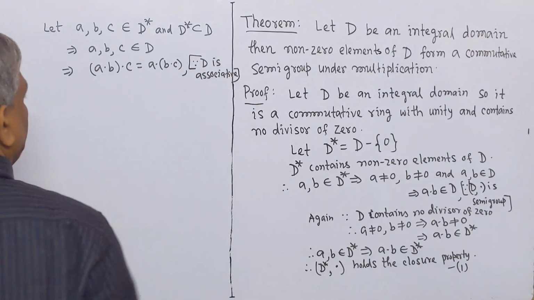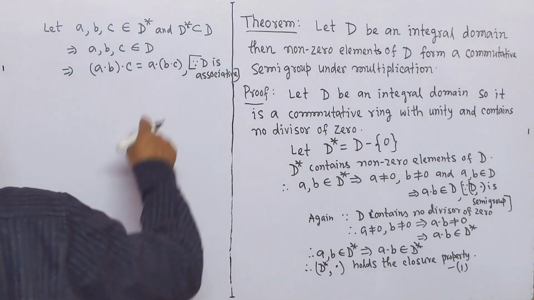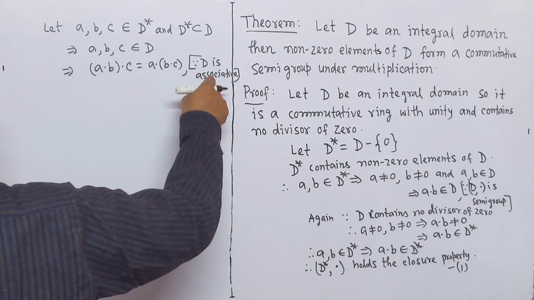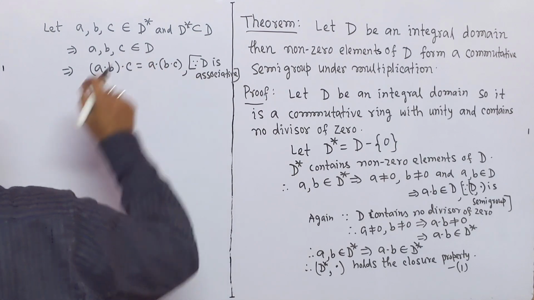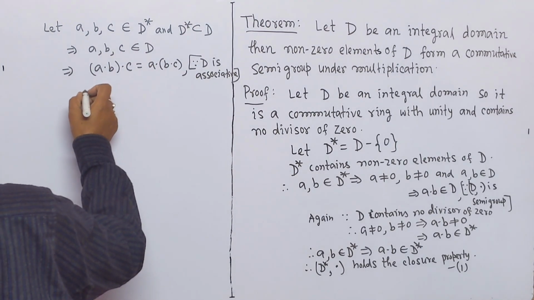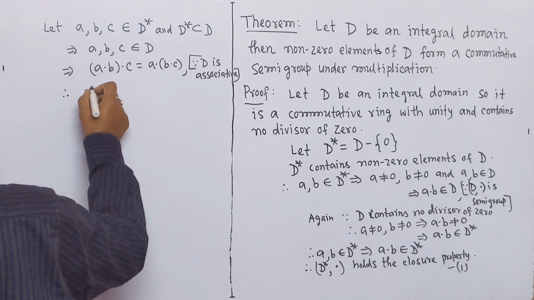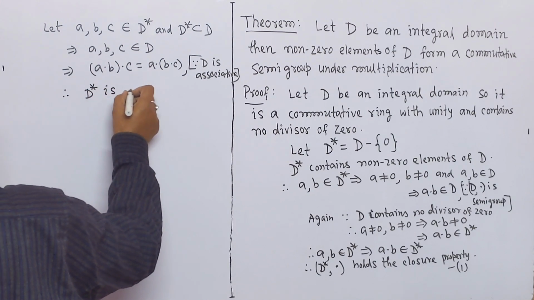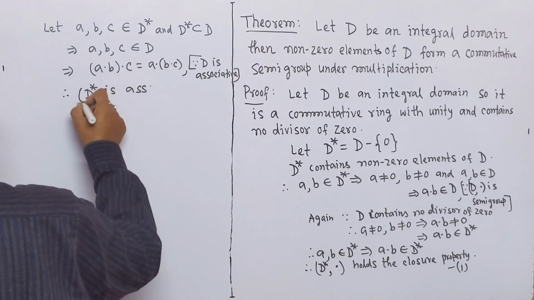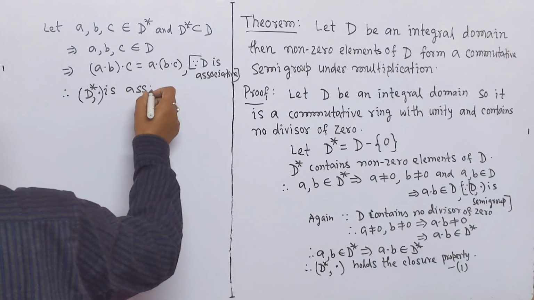D is an integral domain, so D is a ring, so D is associative with binary composition multiplication. Therefore, D star is associative. D star with binary composition multiplication is associative.